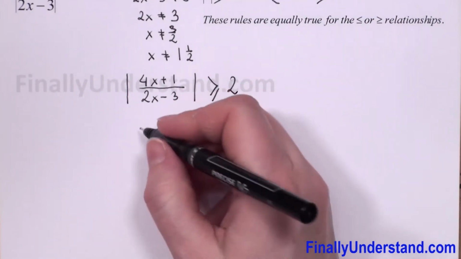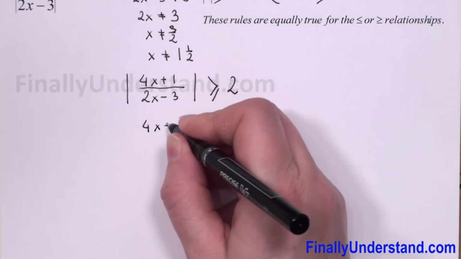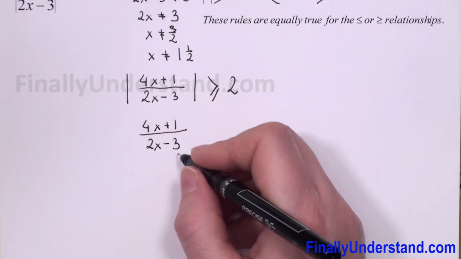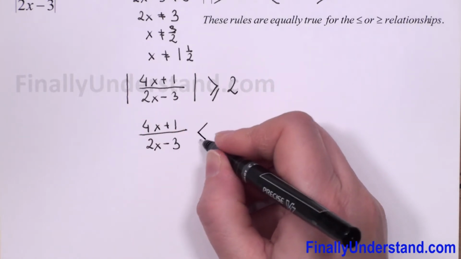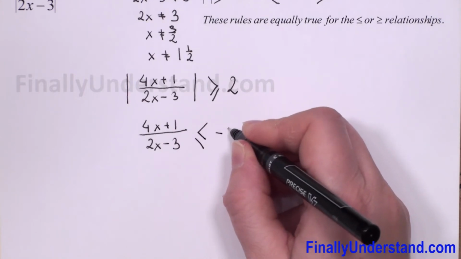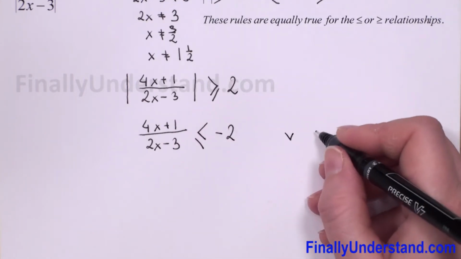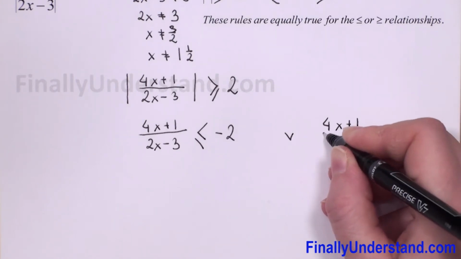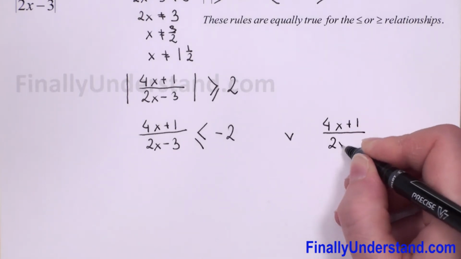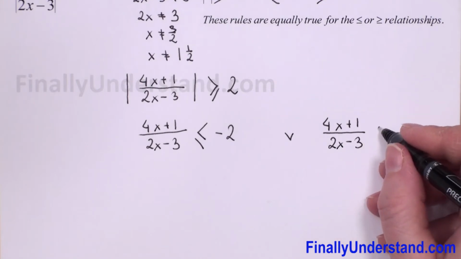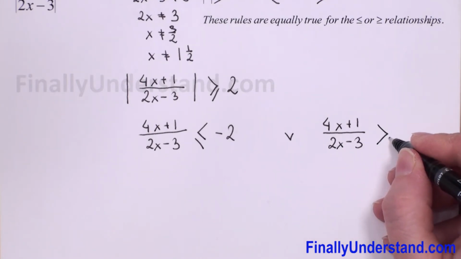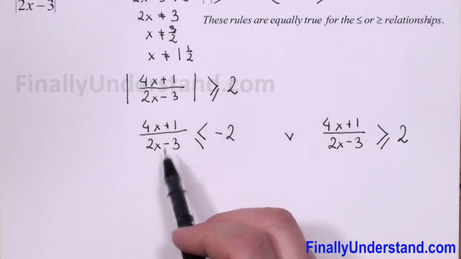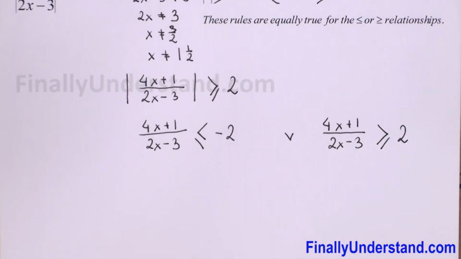So we will have 4x plus 1 over 2x minus 3 is less than or equal negative 2, or we have 4x plus 1 over 2x minus 3 is greater than or equals 2. So we have to solve these two rational inequalities.